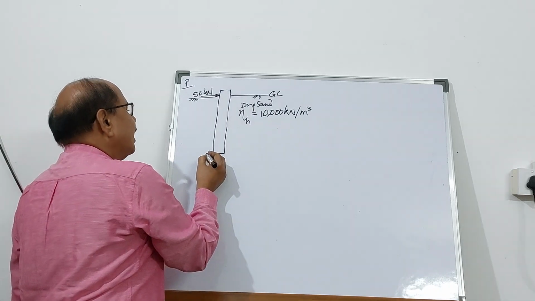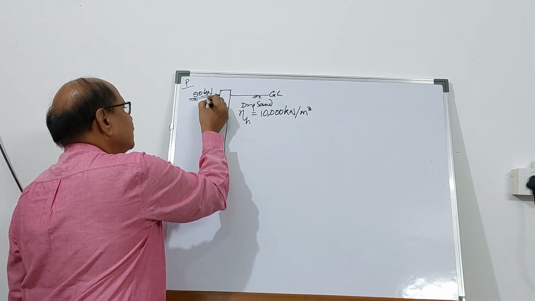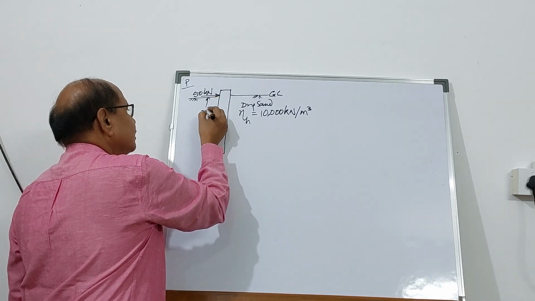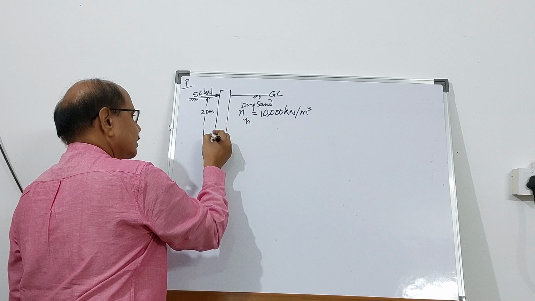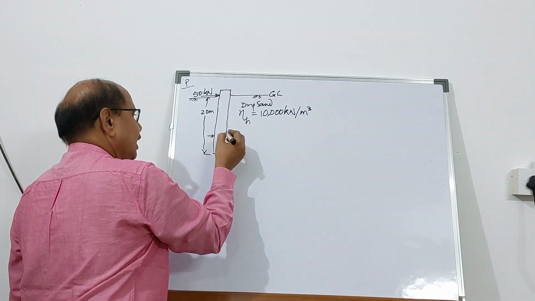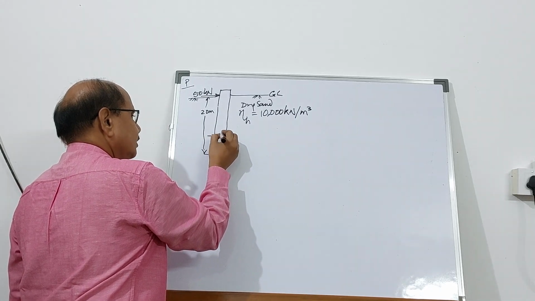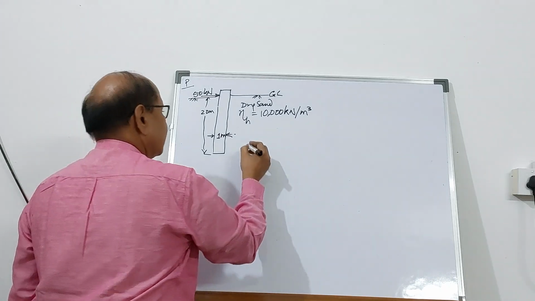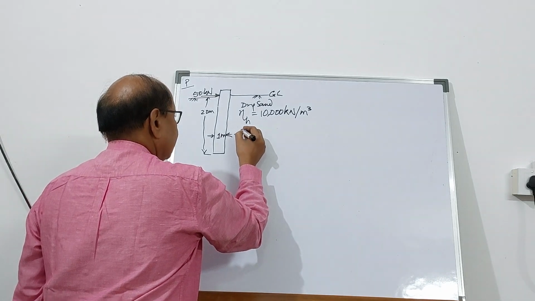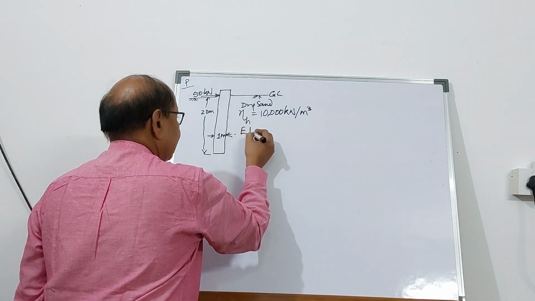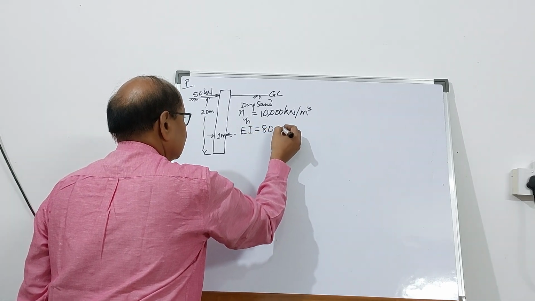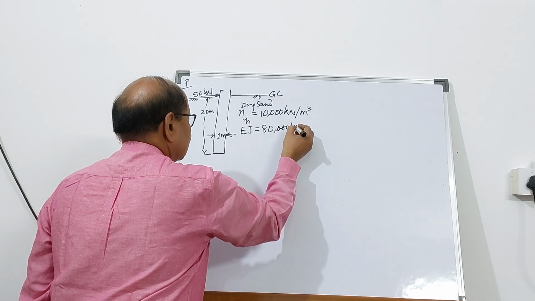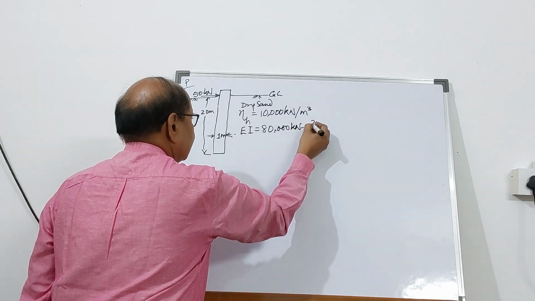And the length of the pipe is say 20 meter, and the diameter of pipe say 1 meter, and the flexural rigidity of this pipe say 80,000 kilonewton meter square.